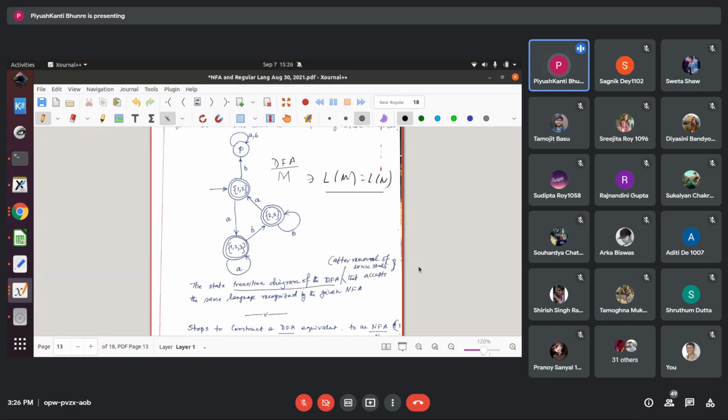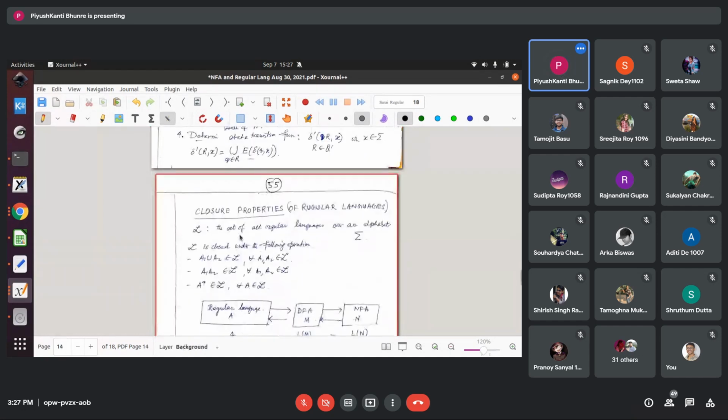There will be a problem for construction of a DFA, where for a given language set, you have to construct a DFA that recognizes it. So those things we have done, and you also have to do it in the assignment. And once the assignments are submitted, I'll discuss the solution in some tutorial class.